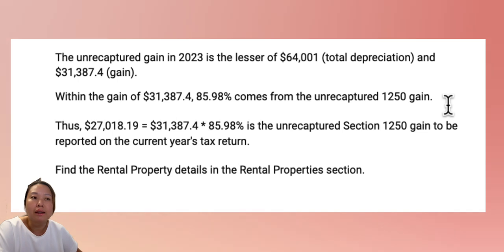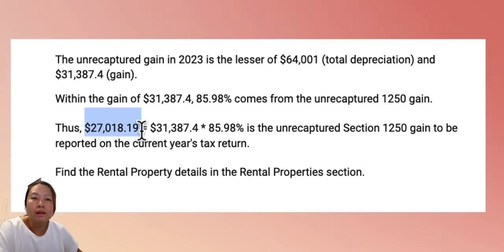So almost 86% of it comes from depreciation recapture. Almost 86% of that amount is the unrecaptured Section 1250 gain, right? So we have to report that in the current tax year.